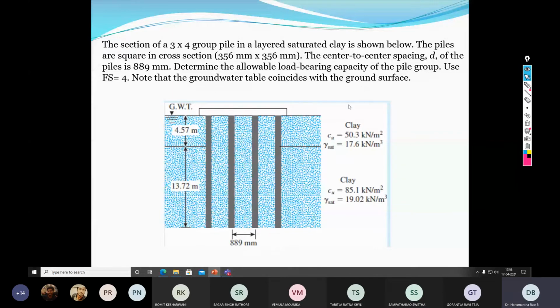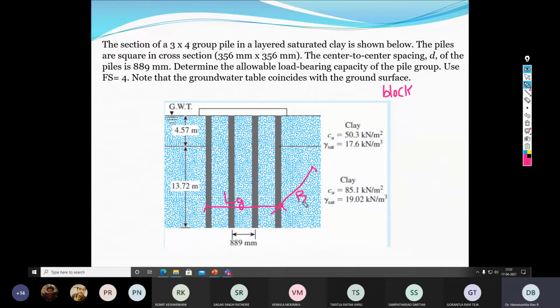When you are dealing with a pile group, one school of thought is that you need to assume two separate cases. In the first, the pile group acts like a block, the entire pile group acting like a single block. In that case, you need to determine the length of the pile group LG and the width of the pile group BG in the perpendicular direction.